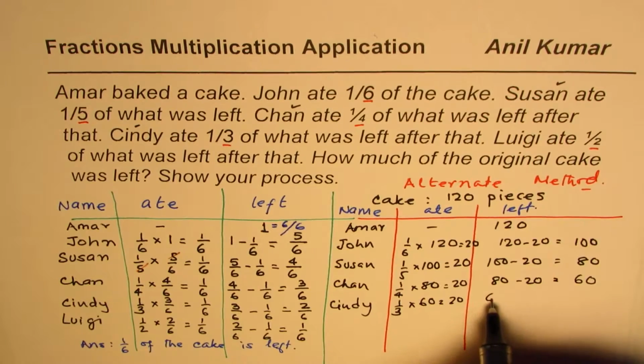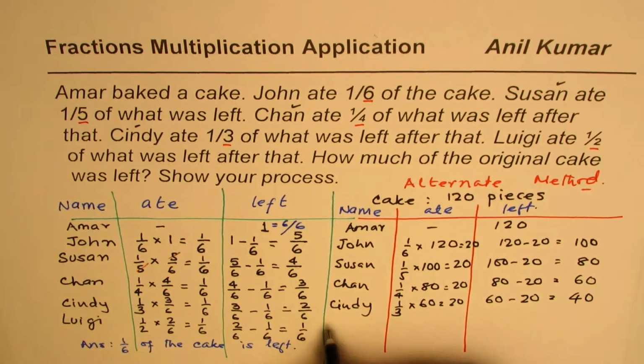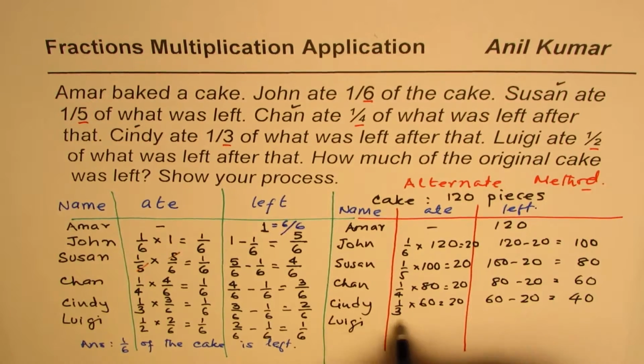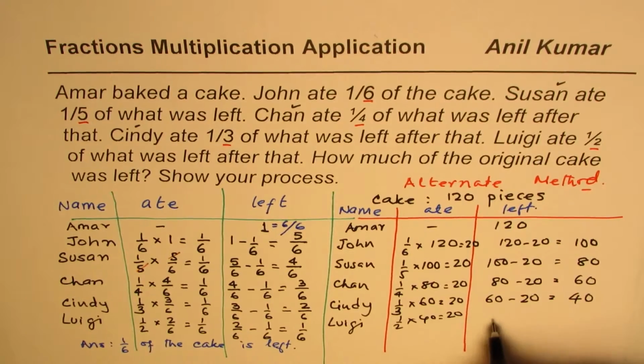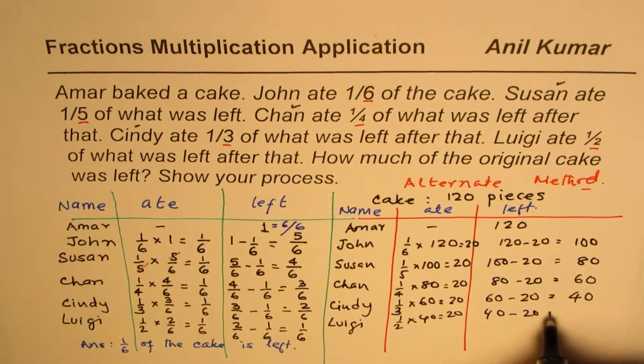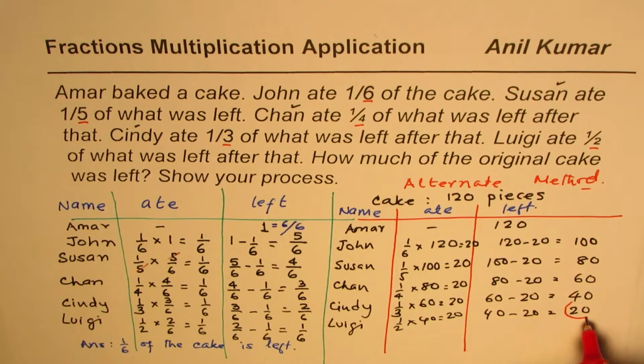So if you take away 20 from 60, you are left with 40 pieces. And Luki ate half of what was left, which is 40, and that is indeed 20. So 40 minus 20 is also 20, right? So finally we find that 20 pieces are left.